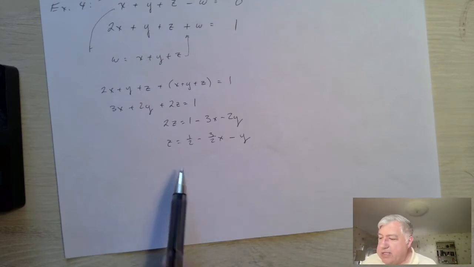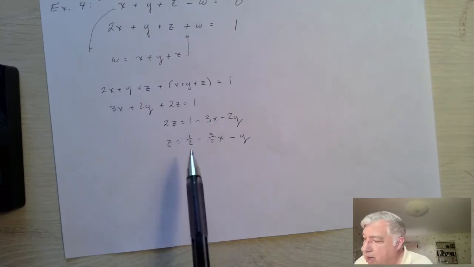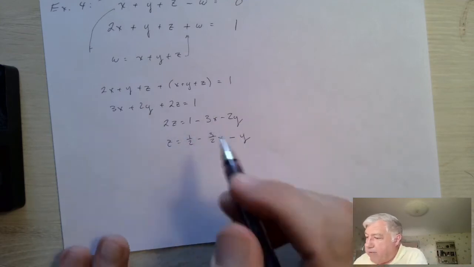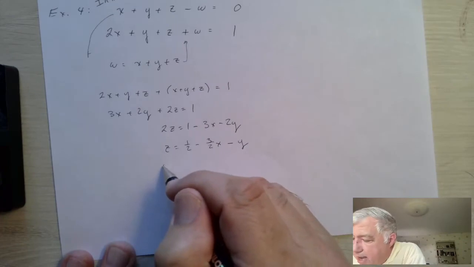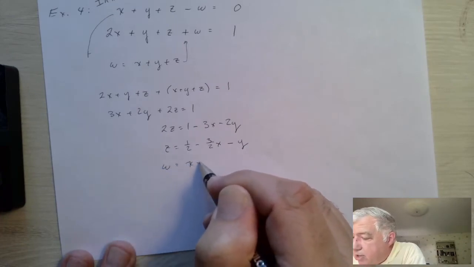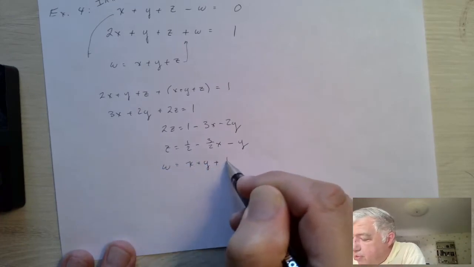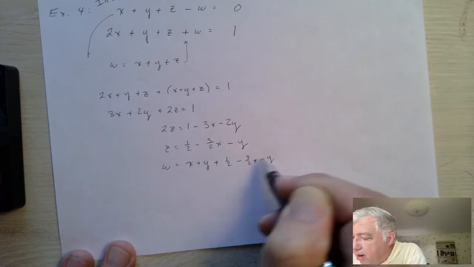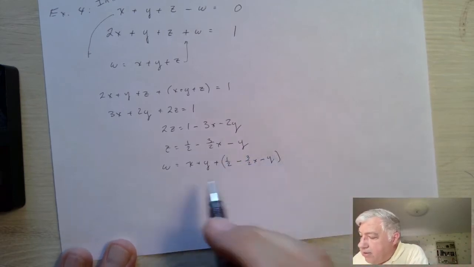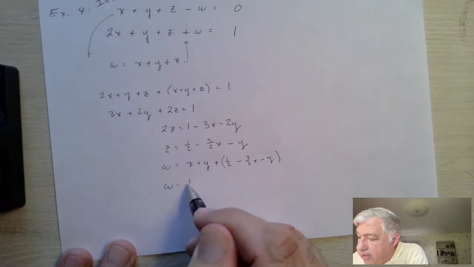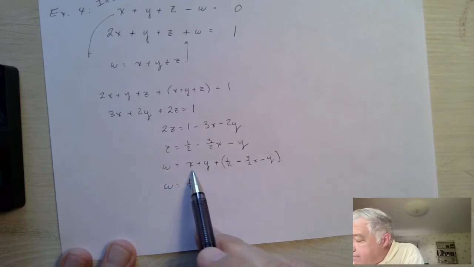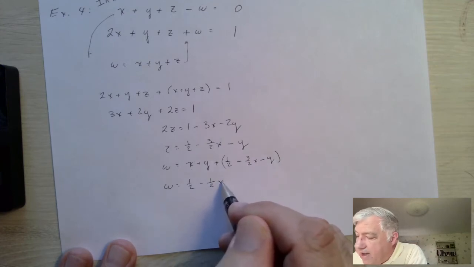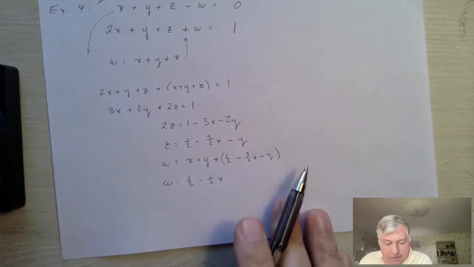And now we can see that both w and z can be written in terms of x and y, right? w is now going to be x plus y plus 1/2 minus 3/2 x minus y. Okay, so w is going to be 1/2 minus 3/2 x plus x, which is minus 1/2 x, and y minus y is 0.